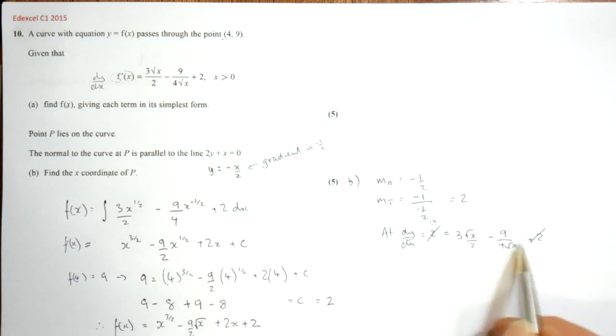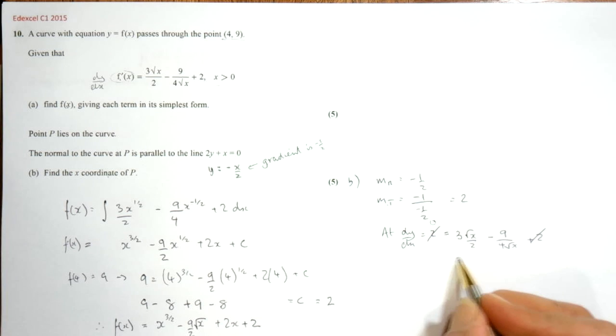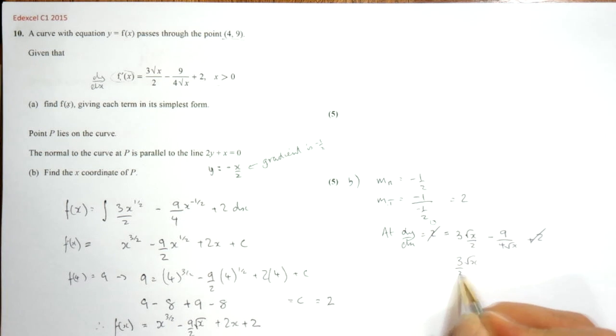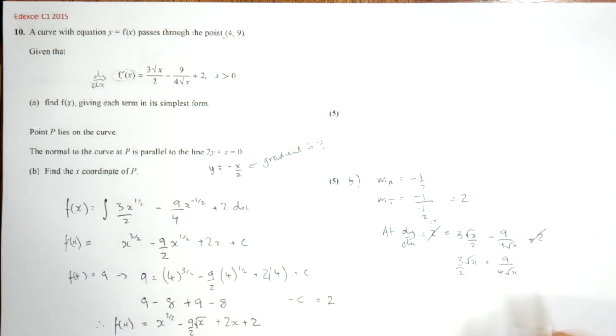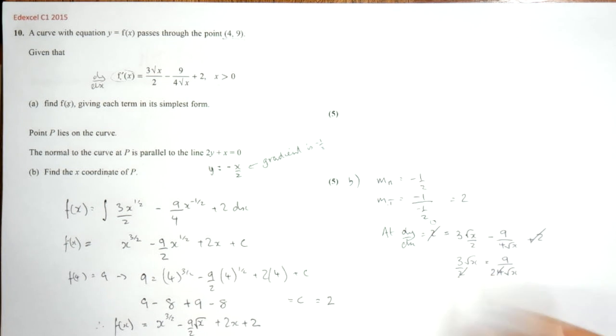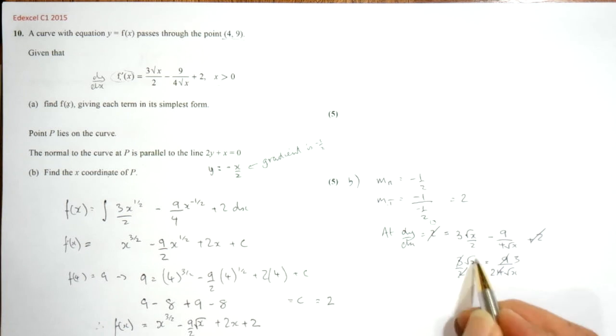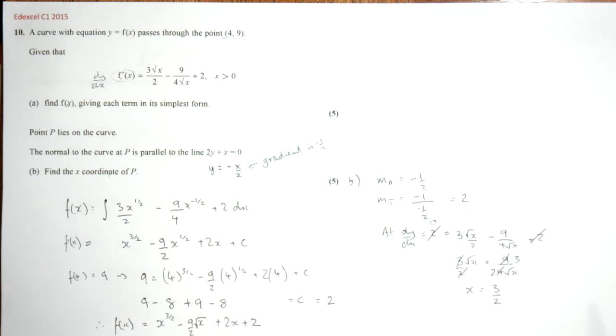So for this, take away that to equal 0. That gives us 3 root x over 2 is equal to 9 over 4 root x. So let's cancel those two. Let's cancel these two and move the root x up. And we've got x is equal to 3 over 2 at P.